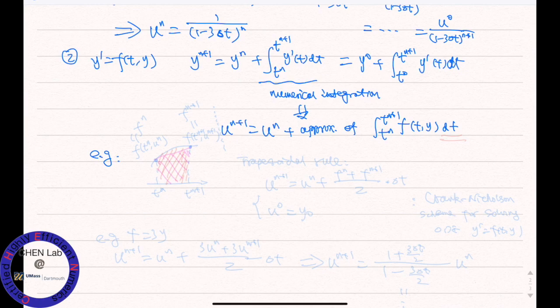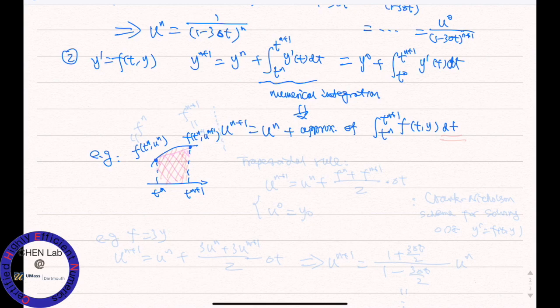So one example is that we're integrating this f, between t_n and t_{n+1}, with some value. So at t_n, for example, this is f(t_n, u_n). This is f at (t_{n+1}, u_{n+1}). It's f(t, y).